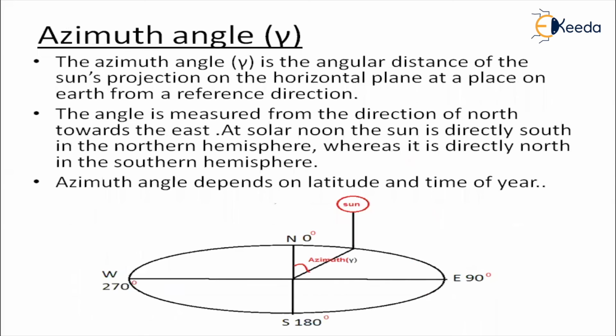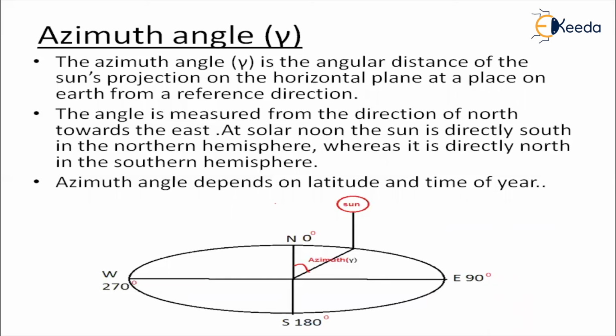Next one is the azimuth angle. Azimuth angle is the angular distance of the sun's projection on the horizontal plane at a place on the earth from a reference direction.